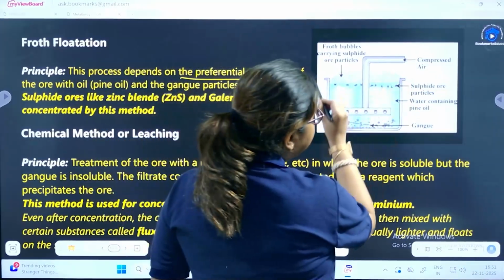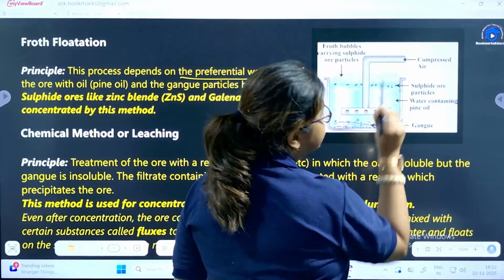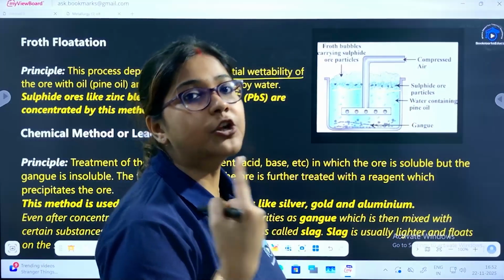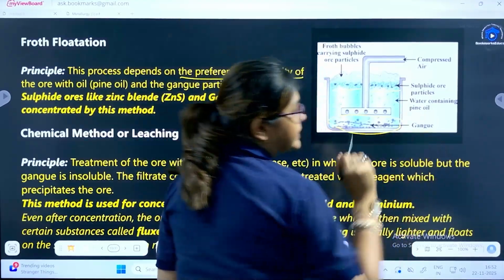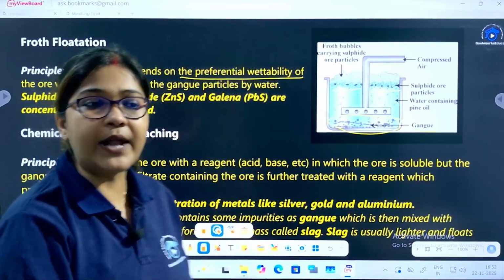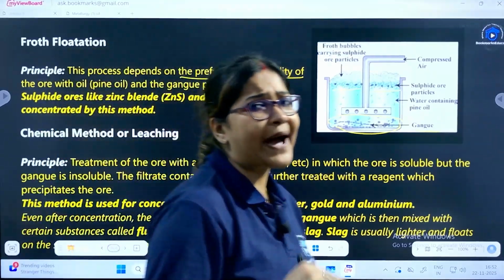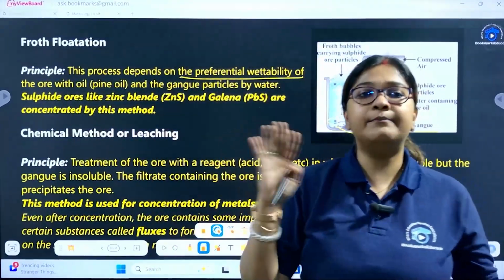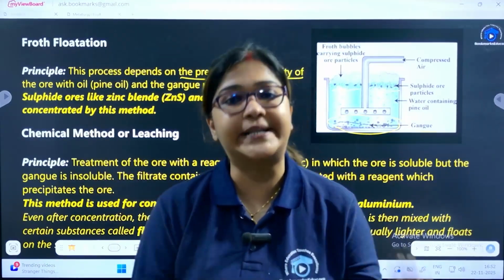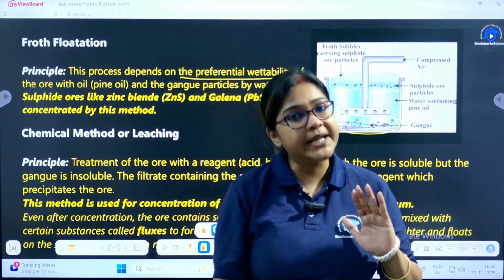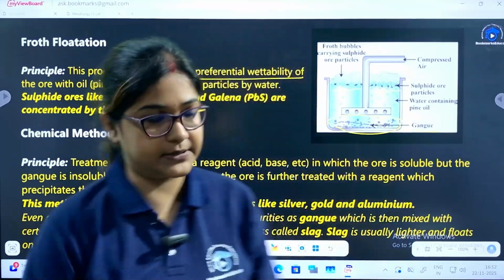So you see the concentrated ore particles therefore come at the top in the form of froth, and at the bottom is the gangue material which is settling down at the bottom of the tank. So this is how, using a mixture of pine oil and water, and on the principle of preferential wettability, you can separate the ore particle from the gangue particle.